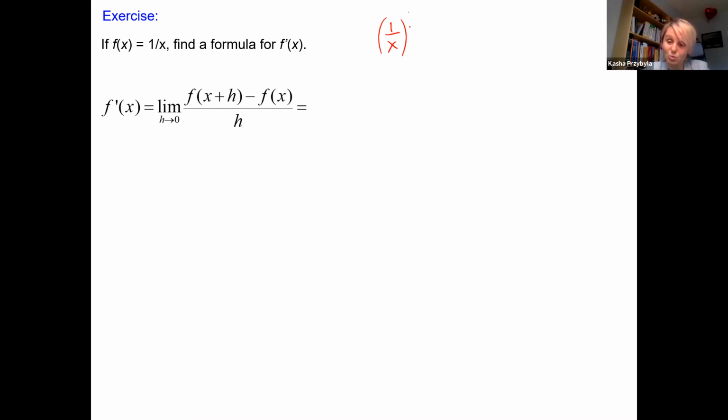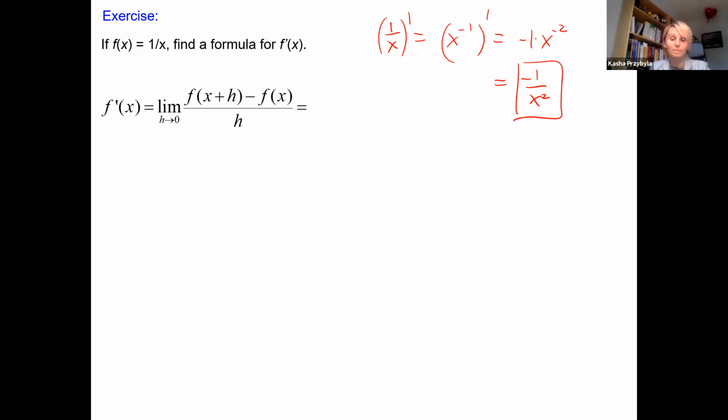Yes, because we can say this is x to the negative 1, and it will be negative 1 times x to the negative 2. And we can nicely rewrite, you know me, everything without negative exponents. It's more elegant. Yes, negative 1 over x squared.